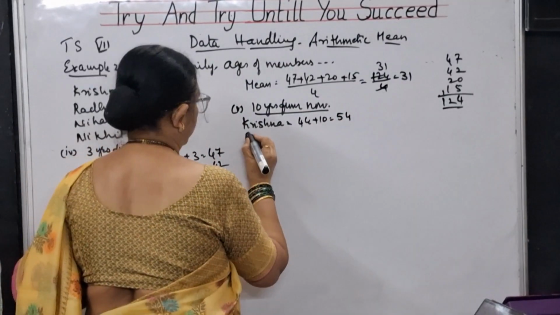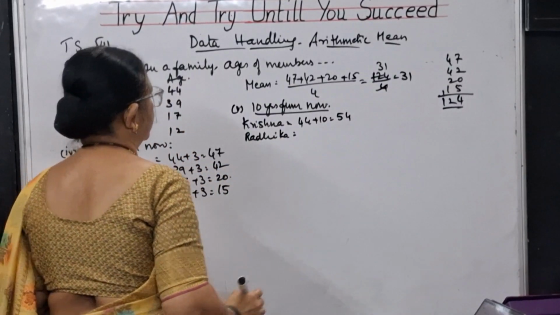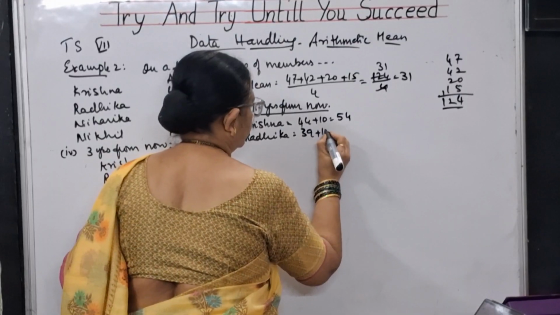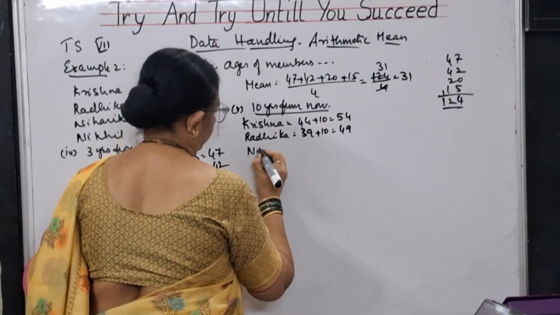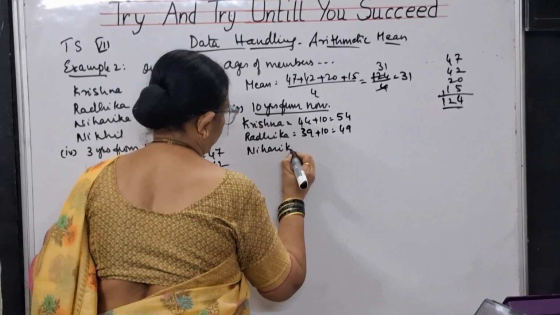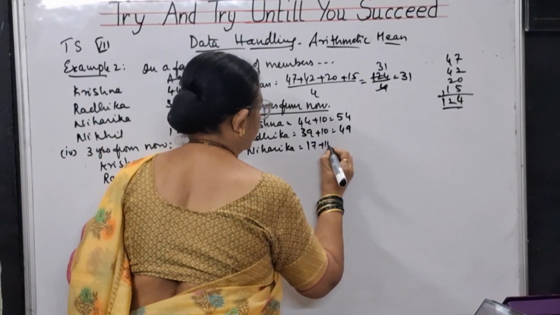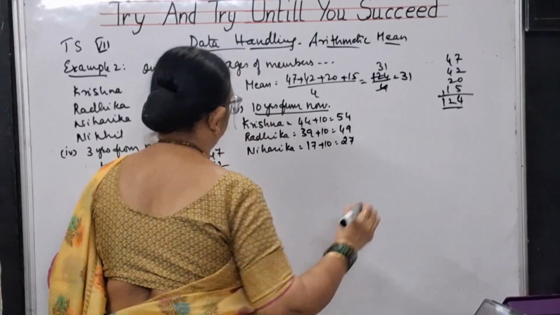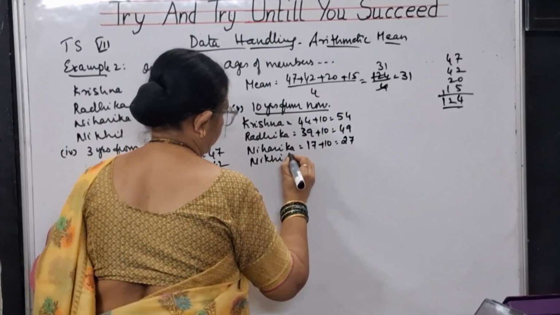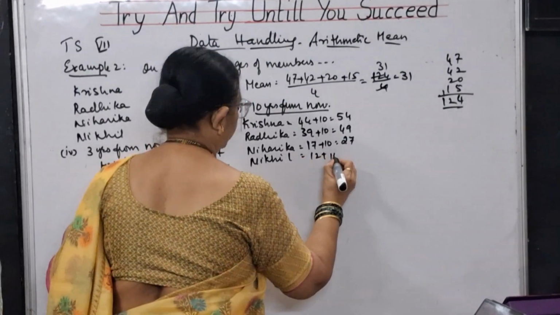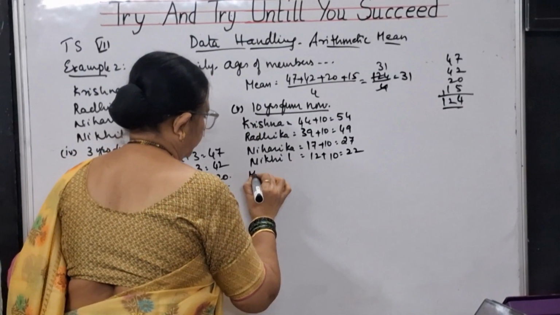And Radhika's age 39 plus 10, 49. And Niharika's age 17 plus 10, 27. And Nikhil age 12 plus 10, 22. So what is mean?